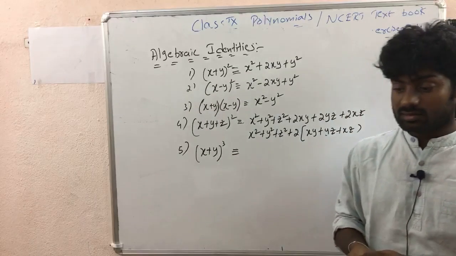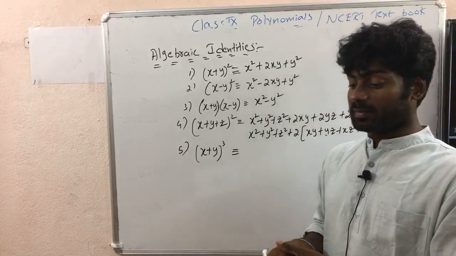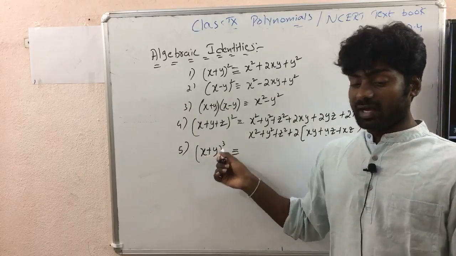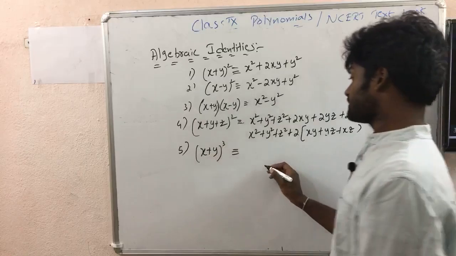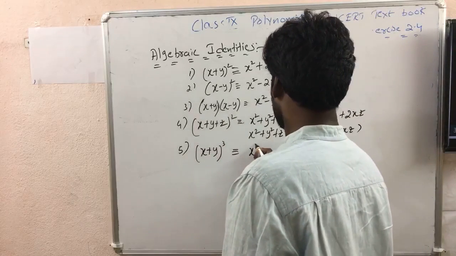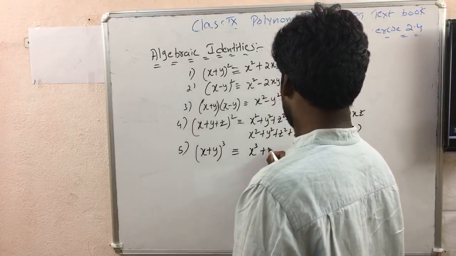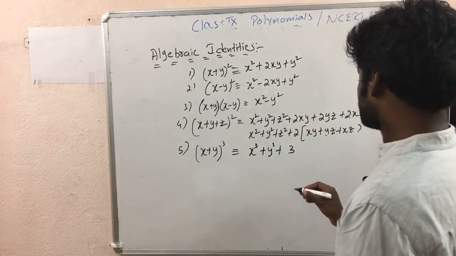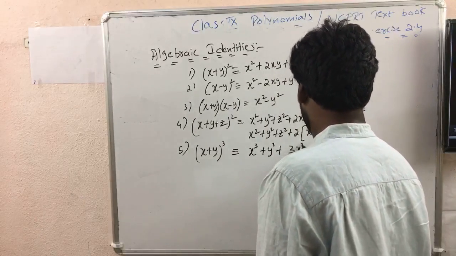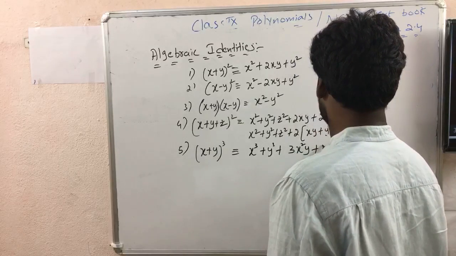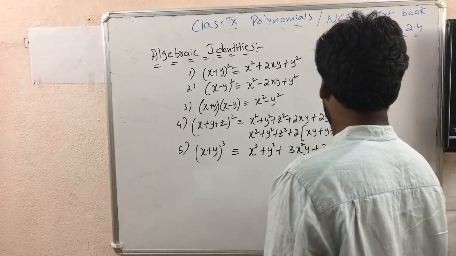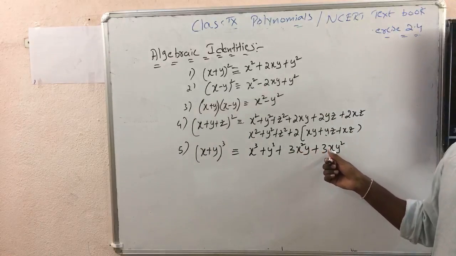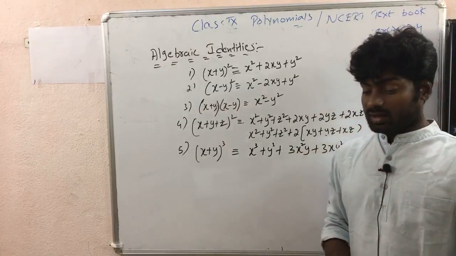Very good. a square minus b square equals a plus b into a minus b. Okay, I am asking now x plus y whole cube. See once. x cube plus y cube plus 3x square y plus 3xy square.